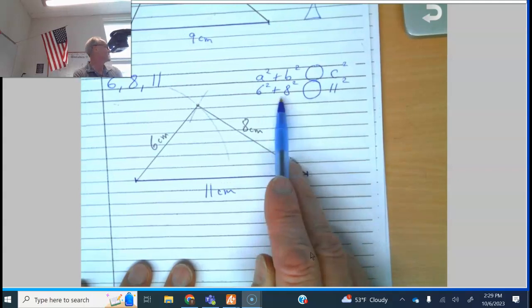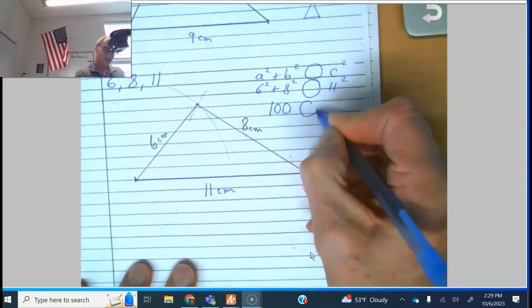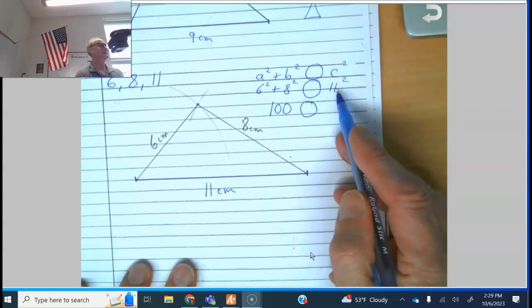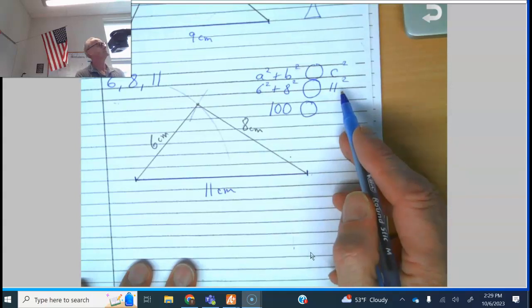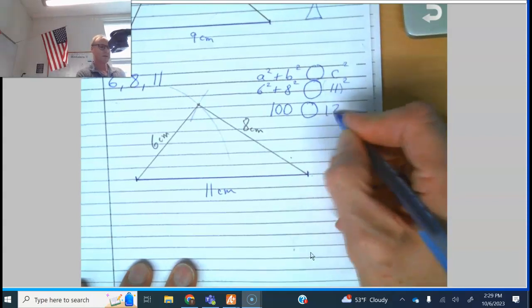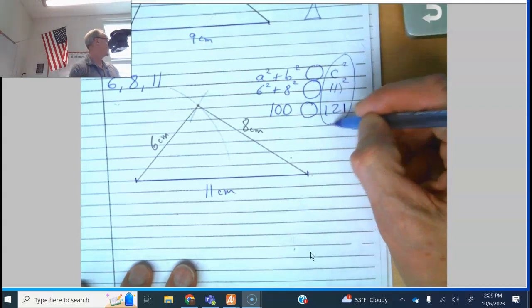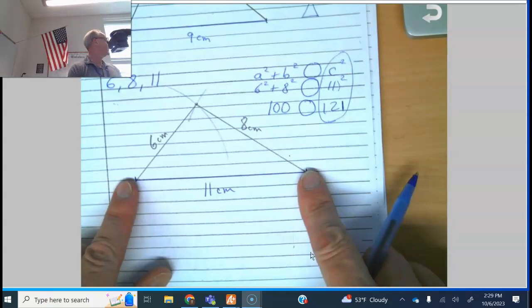Still 100, hasn't changed. Over here we have 11 squared. 11 times 11? 121. This means that this side is too big and the C is too big.